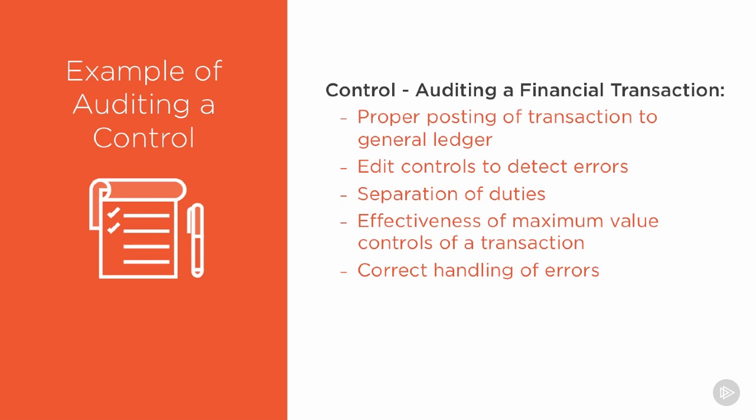However, in the error handling, quite often we see that maybe the error was not handled correctly, it was not isolated and identified. In other cases, the person who can then correct that error is able to actually correct it without separation of duties, which could lead to fraud. Error handling is something that the auditor must always pay special attention to when they're auditing a financial transaction.